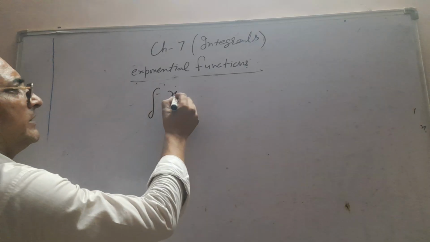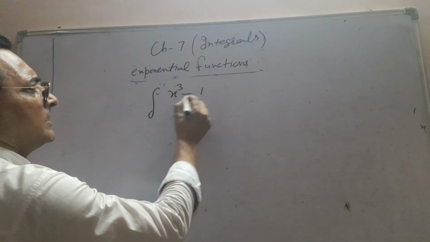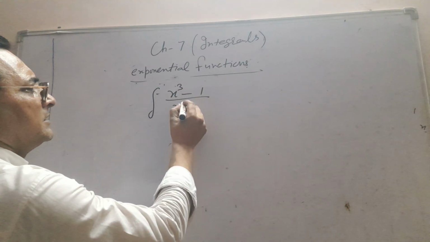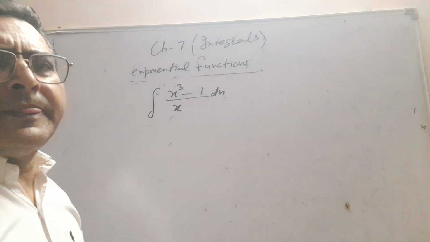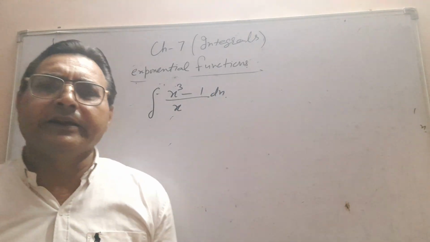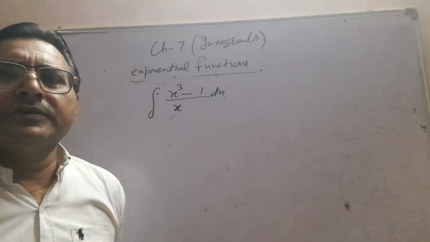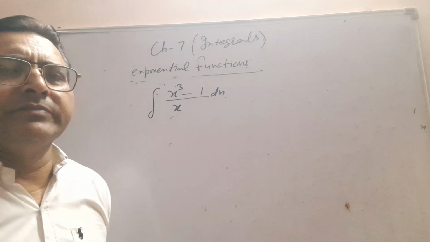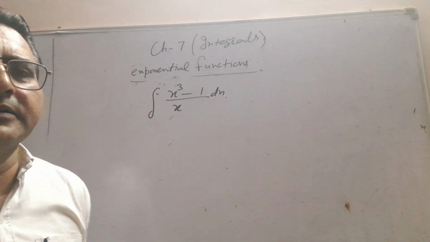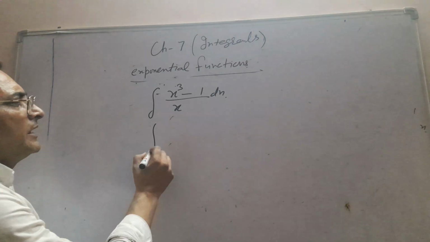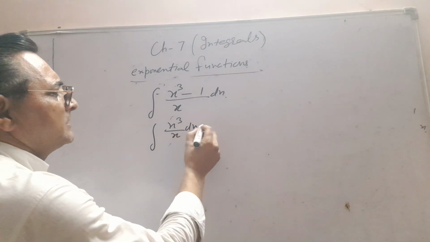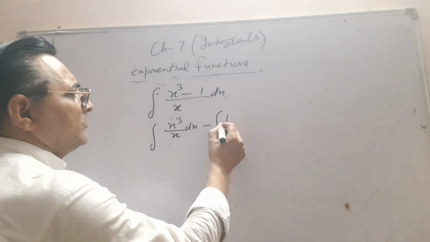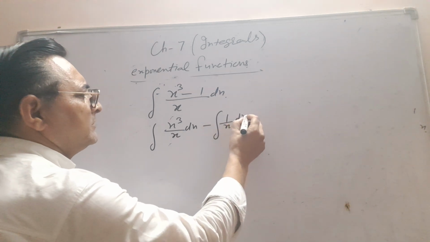If the question is the integral of x cube minus 1 upon x into dx, if the function is this, how will we integrate it? First of all, we will write it in the simplest form. We will separate the terms: x cube by x into dx minus 1 by x into dx.